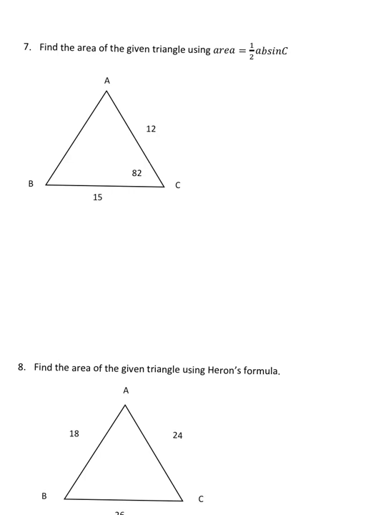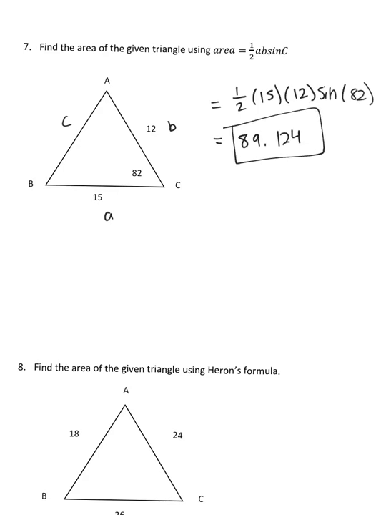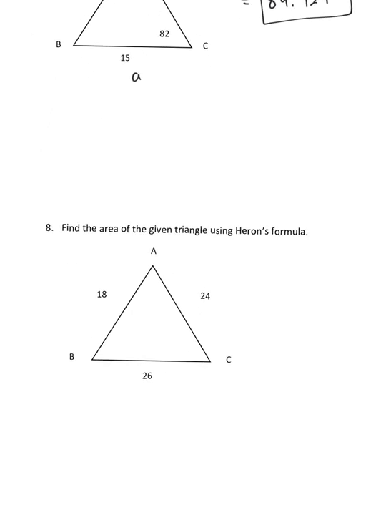So in this case, I'm going to have 1/2. I'm going to label side A is 15, side B is 12, and then I'm going to take the sine of angle C, which is 82. You're just going to put that into your calculator, and that is the answer. That is all that you have to do for that problem.